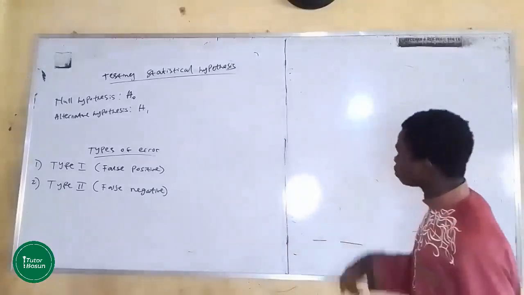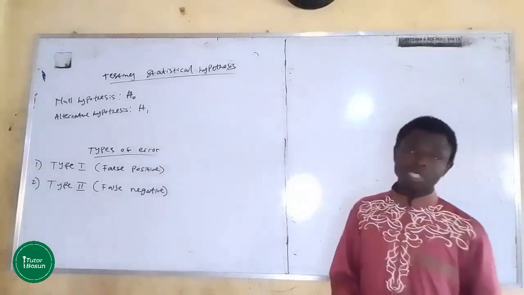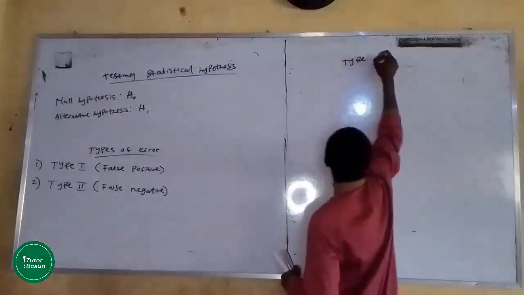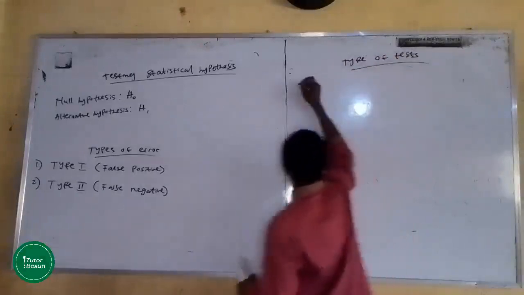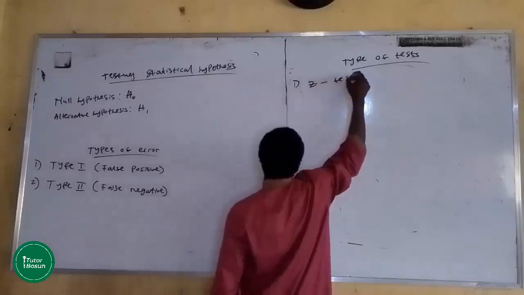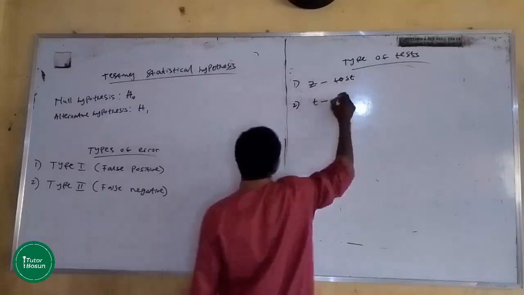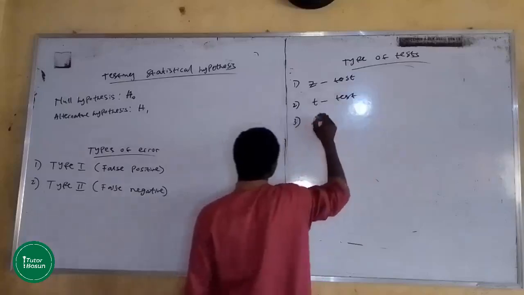Under this aspect, we'll be dealing with 3 types of tests. The first is known as z-test, the second is the t-test, and we also have the chi-square.